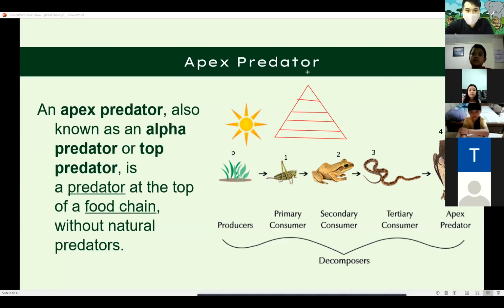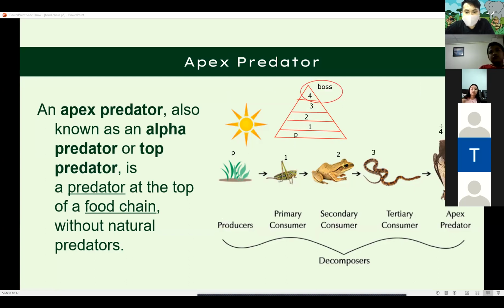So here, these are the producers. These are the primary consumers, secondary consumers, tertiary consumers, and lastly are the apex predators. So they are the boss, okay? Like the boss here, the top. Understand?